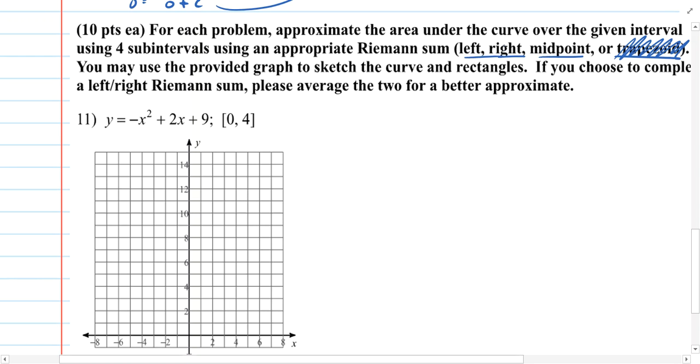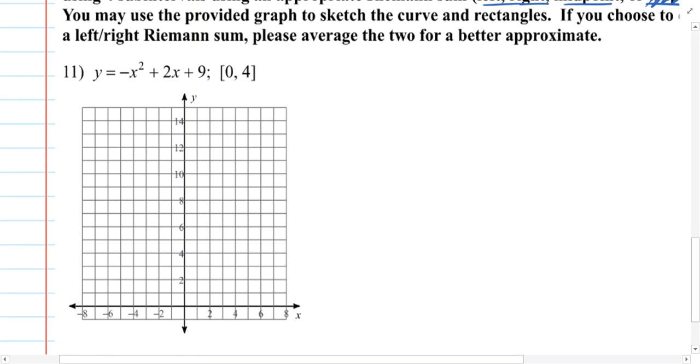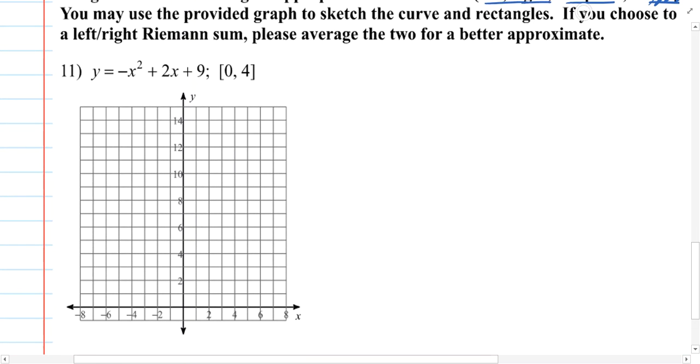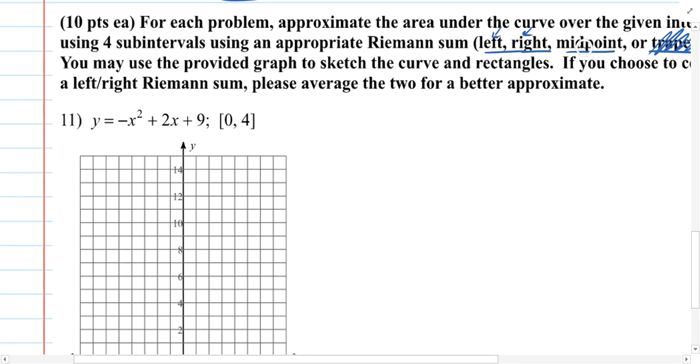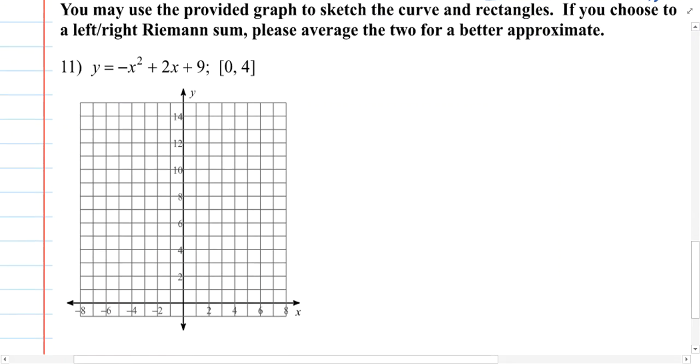But with the left and right hand sums, as we talked about in class, it's best to utilize both of these and find the average of them in order to get a good approximation. So I'm going to walk through that process here with number 11. Now if you choose midpoint, I think that technique is perfectly fine. That by itself will give you a pretty good approximation. But typically left by itself or right by itself doesn't give us a great approximation.